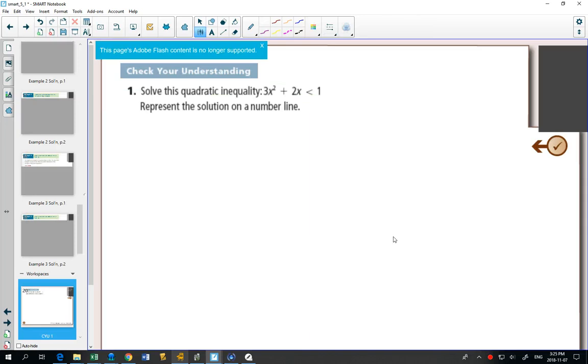Solve this quadratic inequality. Represent the solution on a number line. So step 1, we move the 1 over to the other side, so one side is equal to 0. We can make a little note.